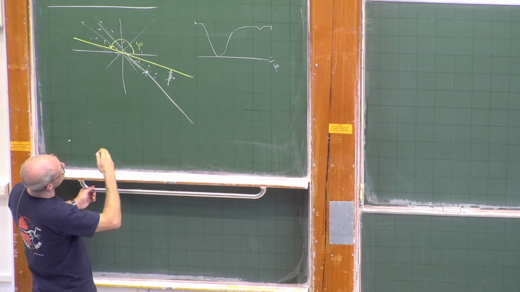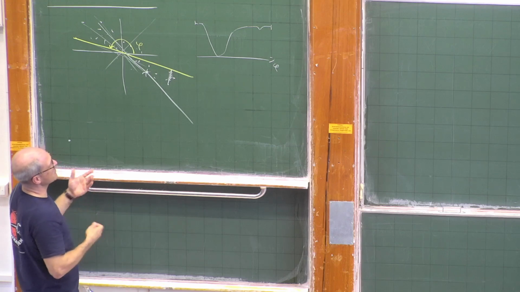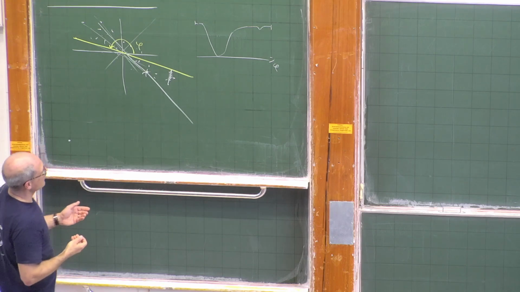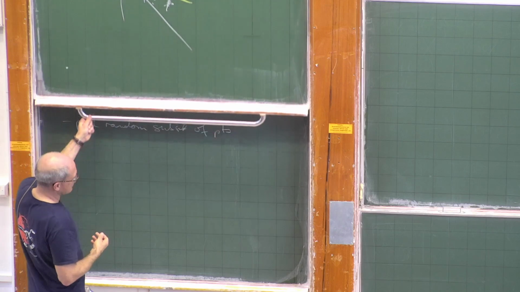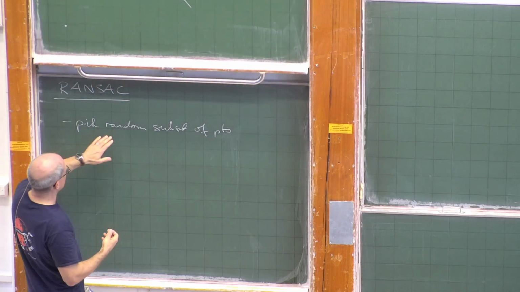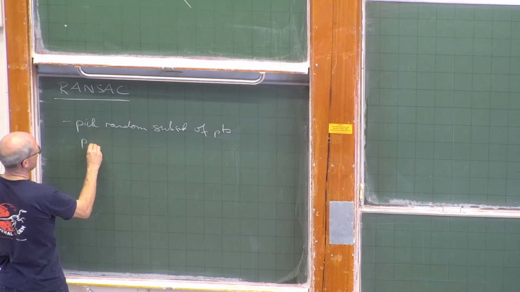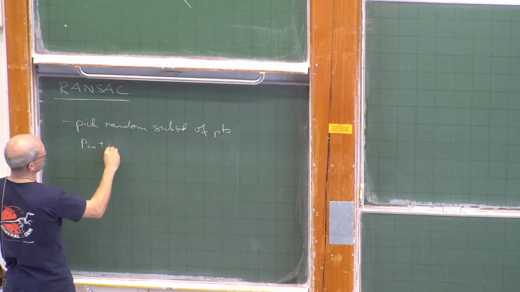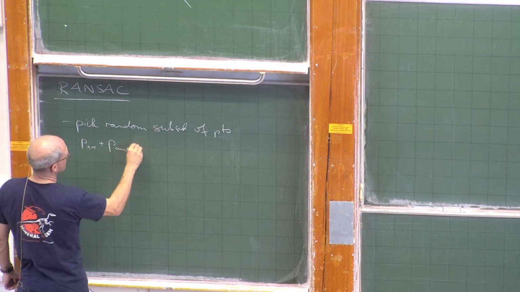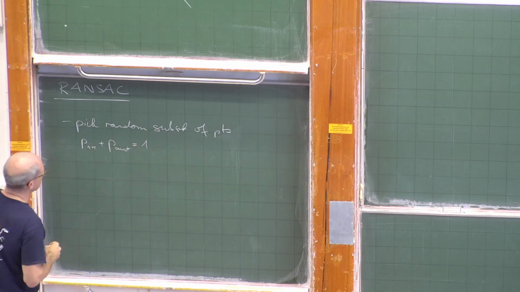And if we have some fraction of inliers and some fraction of outliers, we can calculate, and that's a nice exercise. Let's say a fraction of inliers and a fraction of outliers, which together gives 1.